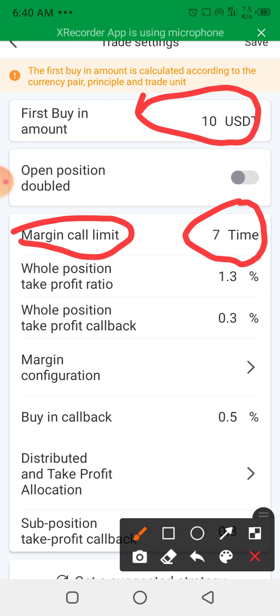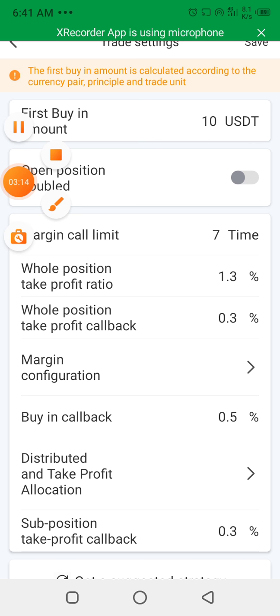Depending on the assets you have, on the capital you have, you set this margin call limit to tell the system not to get beyond this limit. I'll still explain this in detail.